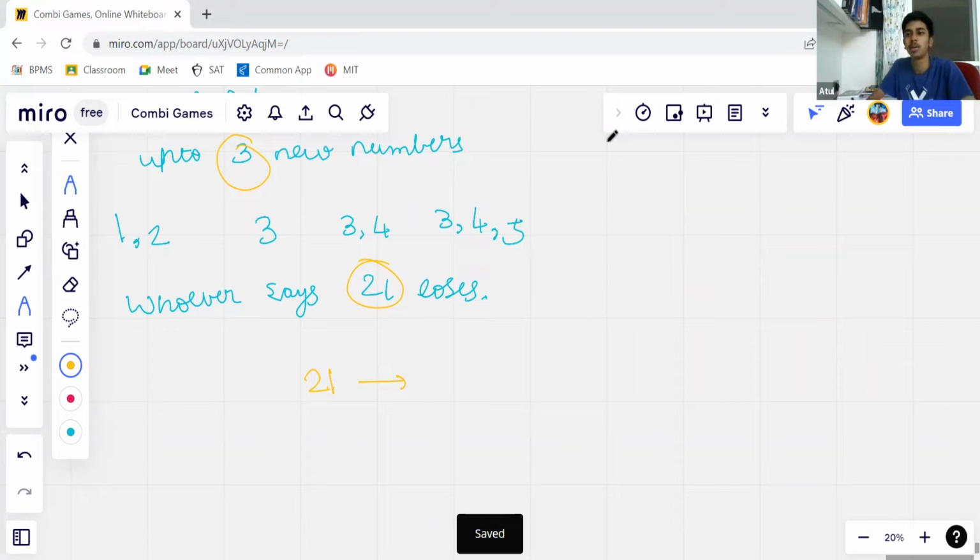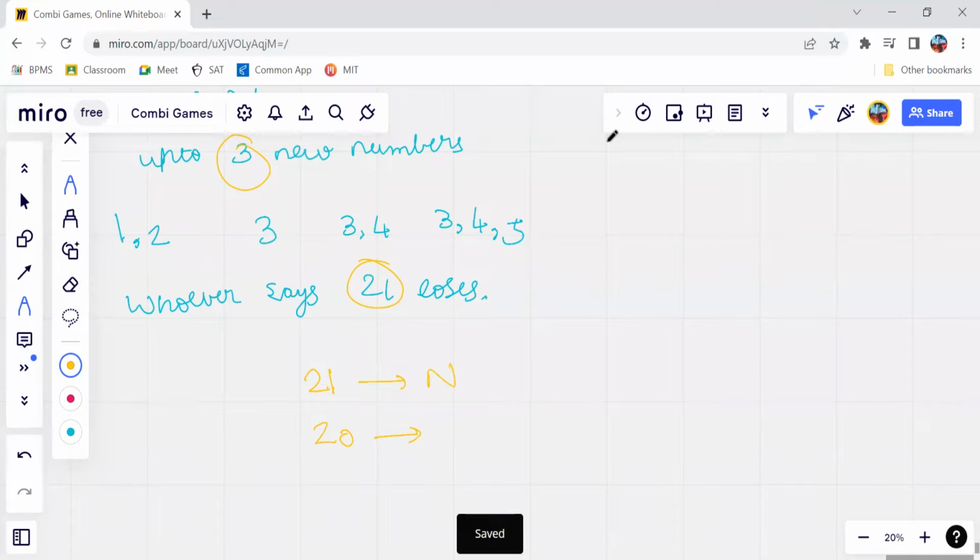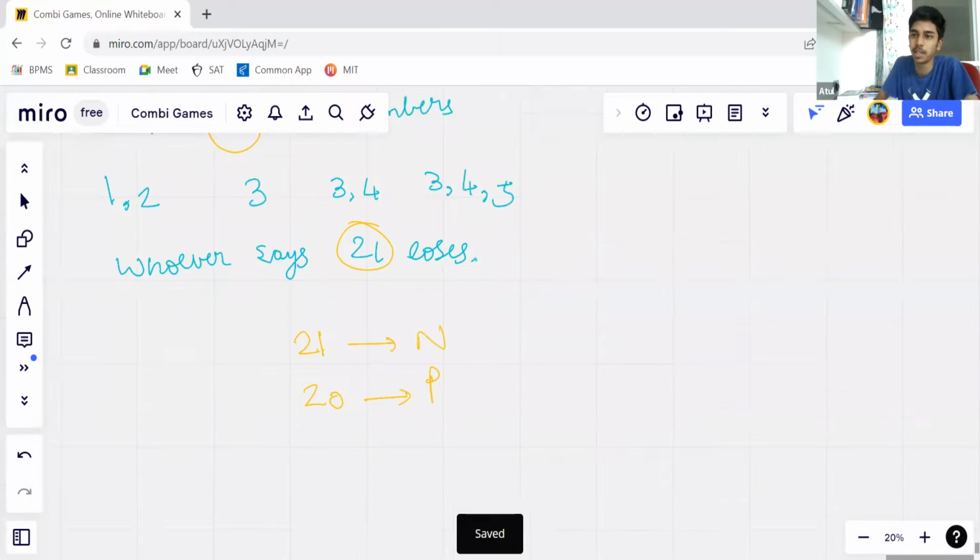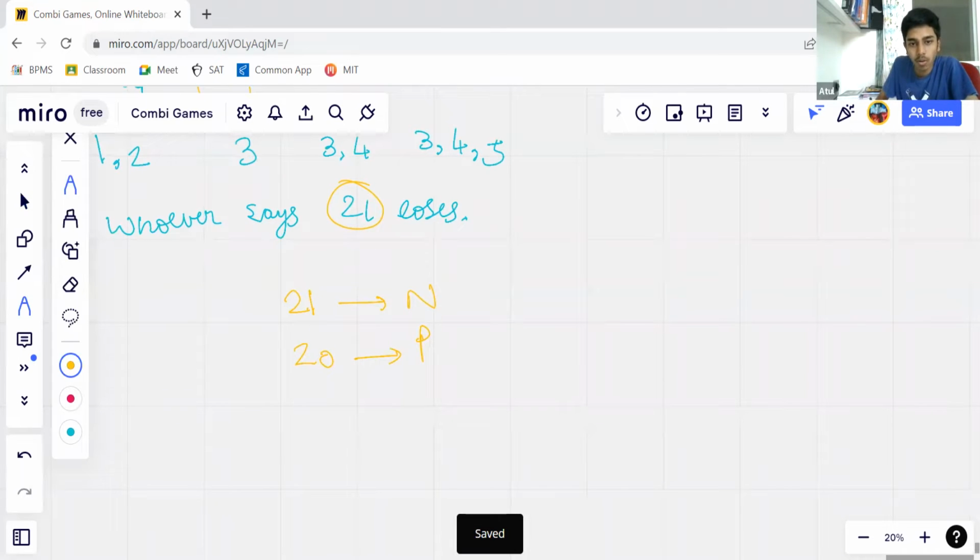No, it's actually an N position, because if you said 21, that means you lost. So the player who just played actually just lost. So this is an N position. What about 20? It's in P position. Yes, because the player who just played is going to win, because you're forced to say 21. What about 19?